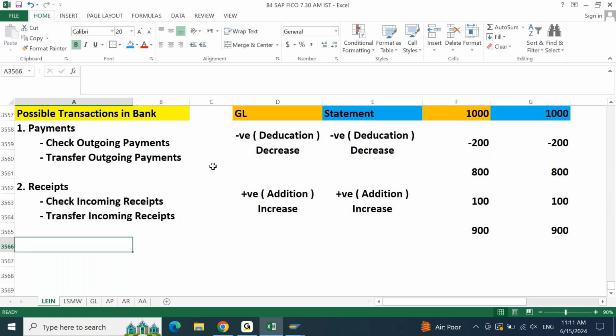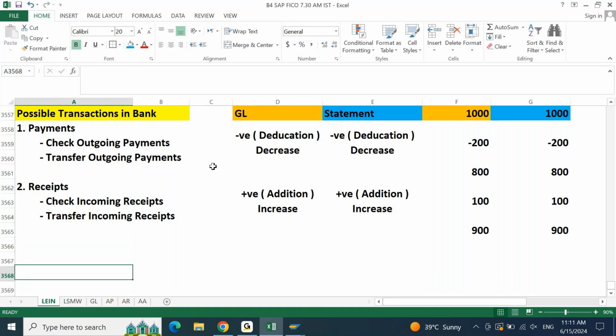The moment you are using debit credit terminology, it represents you do not know BRS, because in SAP, BRS is not working based on debit credit. BRS is working based on the plus minus concept. You need to understand whether it is a plus or minus, meaning positive, negative.